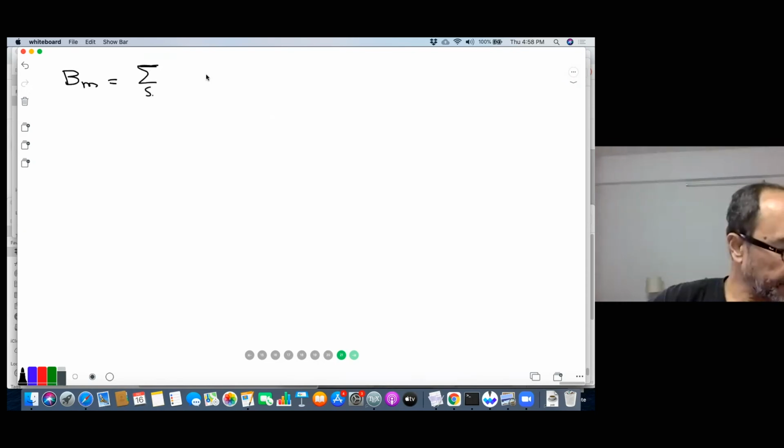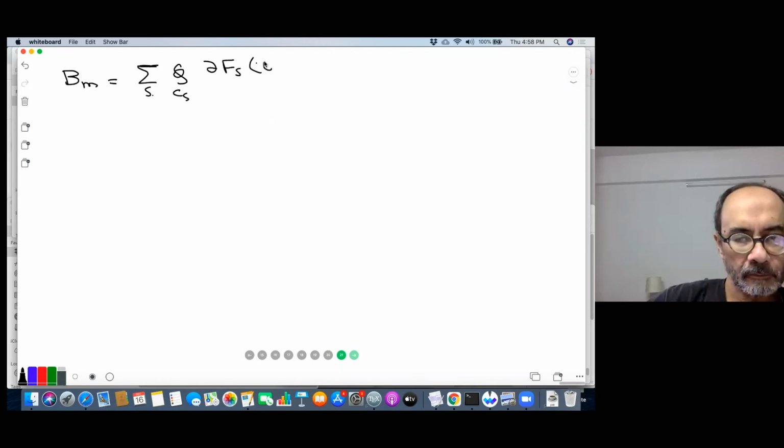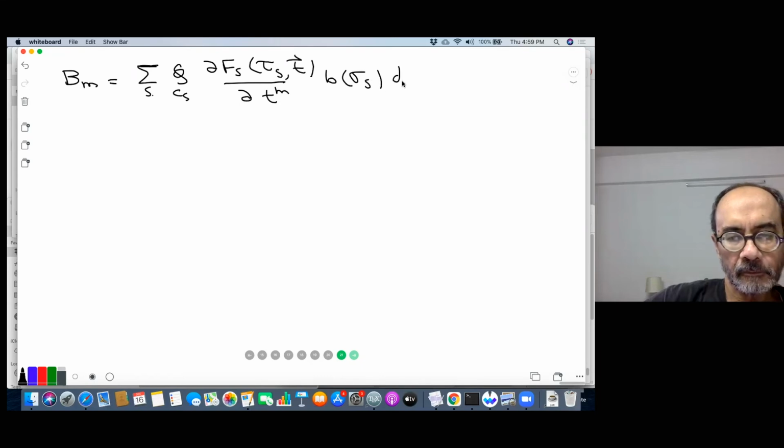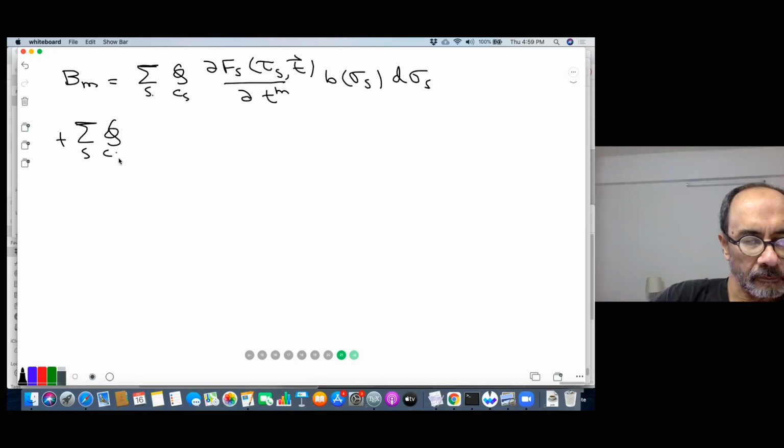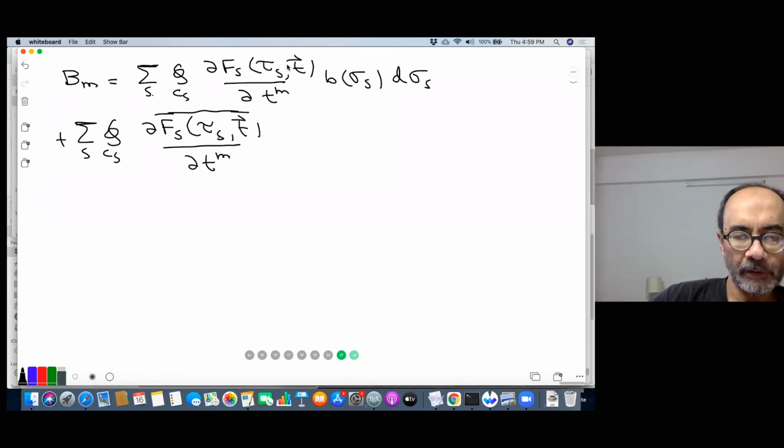So let me write it. So this bar is only over the numerator.